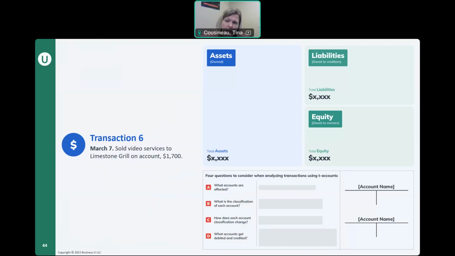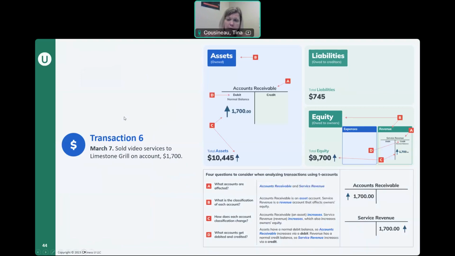And then we sold it on account. So we don't owe anybody, somebody owes us. So we will receive that money. And so selling something on account, since we will receive the money, is an accounts receivable, and that's considered an asset account.